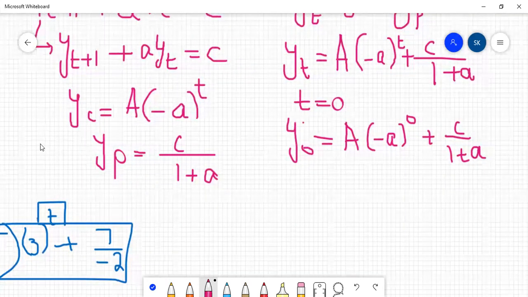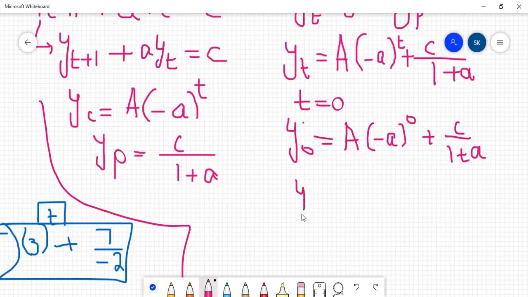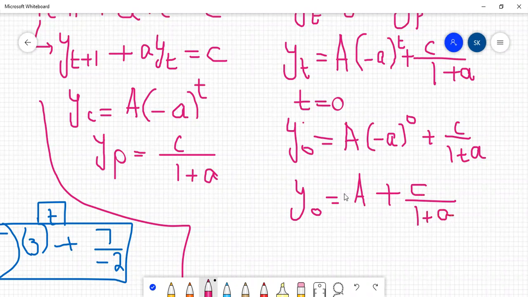So y(0) = A + c/(1 + a). Now we can find the value of A from this equation: A = y0 - c/(1 + a).